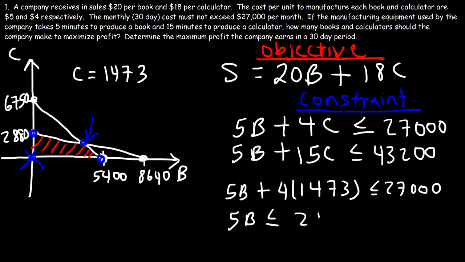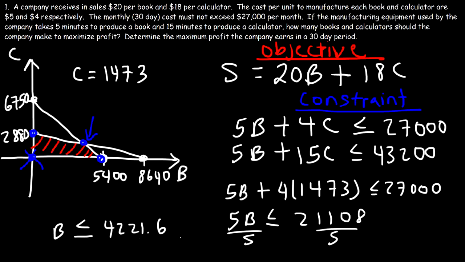So that's going to be 21,108. And then let's divide this by 5. So B has to be less than or equal to 4221.6. So we can't round up because it will exceed the inequality. So we need to round down. So I'm going to say B is 4,221 because we need to use whole numbers.